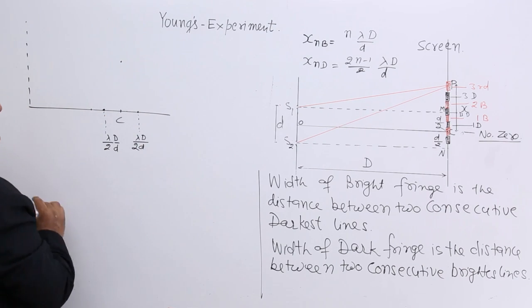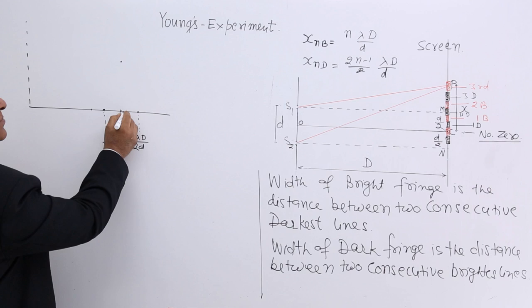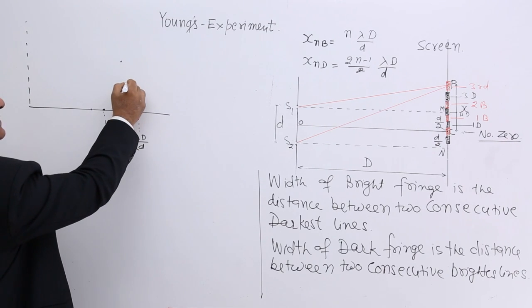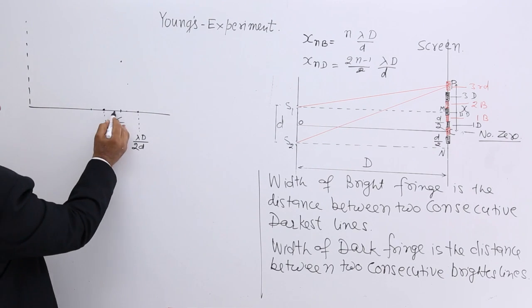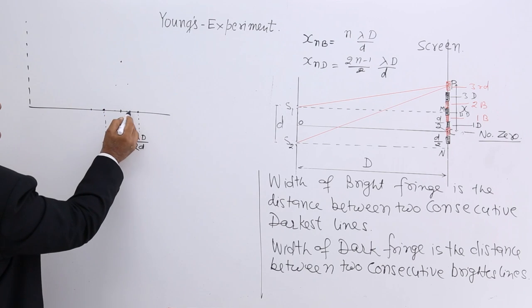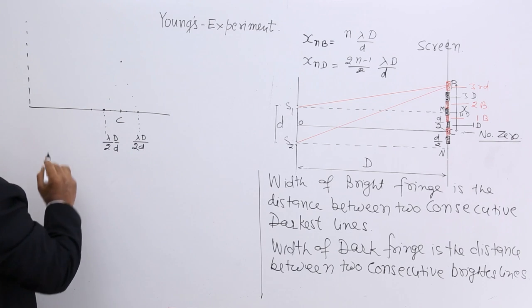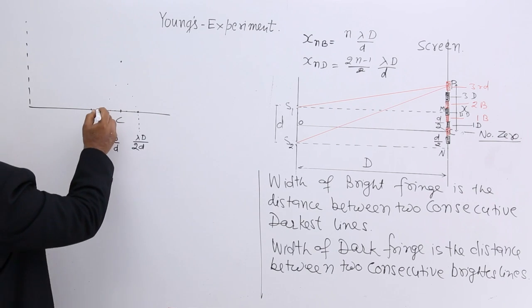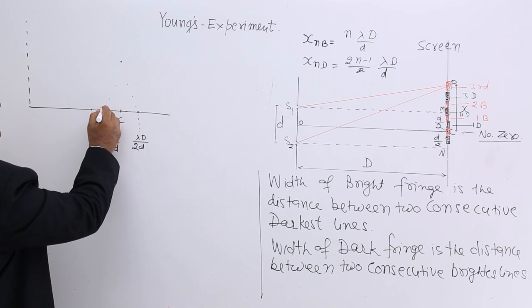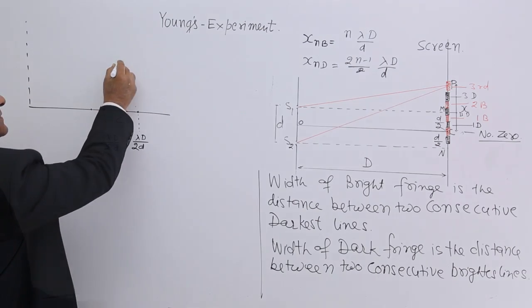What about this point? This point has only this much brightness, this point has this much brightness, and so on. So, when we make a graph, we see there is a graph like this.